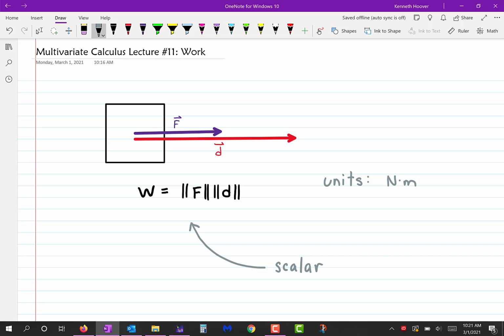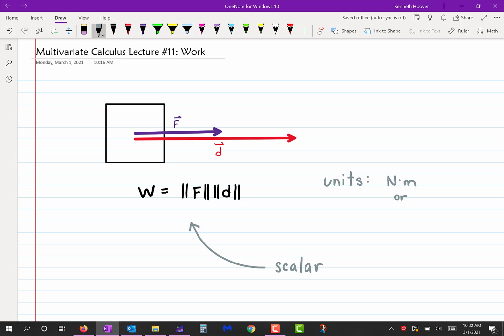If you're using the standard English system, I suppose you call it, I don't know, I think that's weird because they don't use it in England, but in that case, the magnitude of a force is usually measured in pounds, and distances are usually measured in feet.